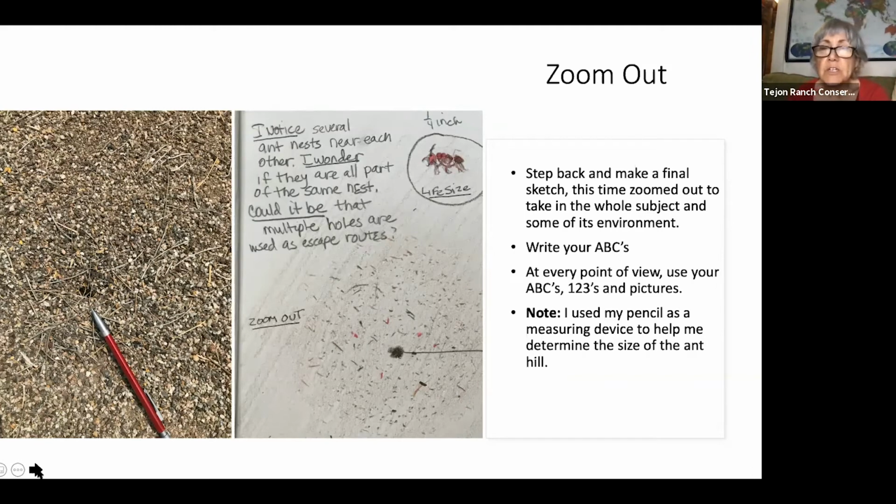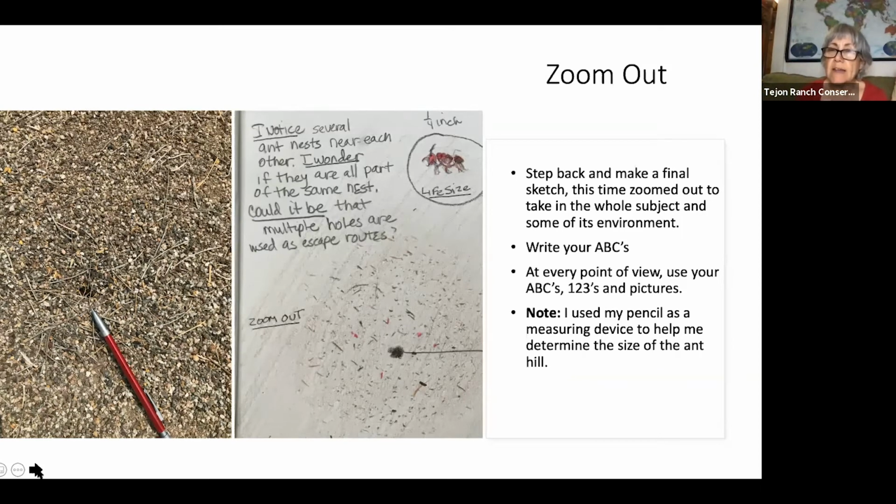In this case, I wanted to show you something. You don't always have to use a ruler to measure. So in this case, I didn't have a ruler, I had a pencil. And I took a picture with the pencil pointing to the hole that the ants were going into. And I also used that pencil to help me measure the radius of that anthill.